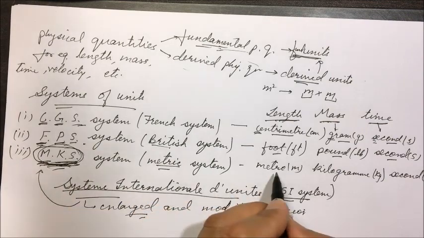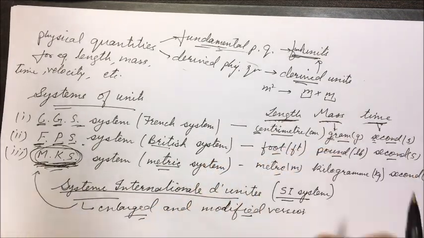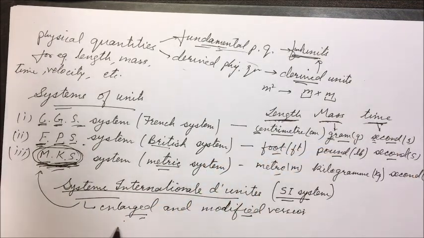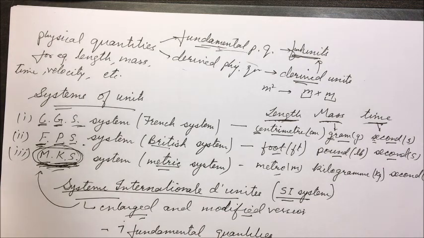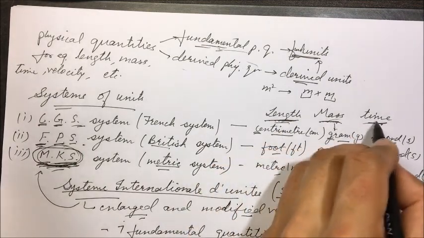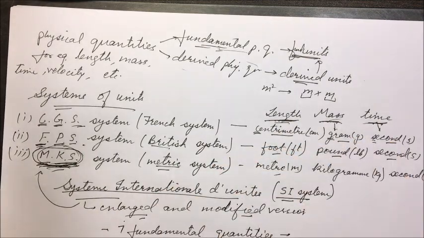In the MKS system we had 3 fundamental quantities. In the SI system we have 7 fundamental quantities. So 4 more fundamental quantities were added along with these 3, and 2 complementary fundamental quantities.